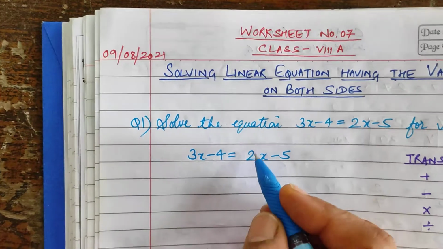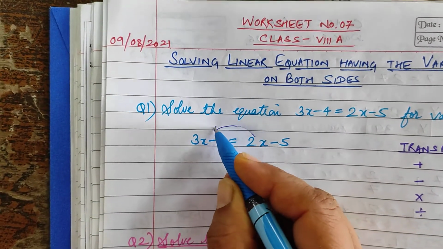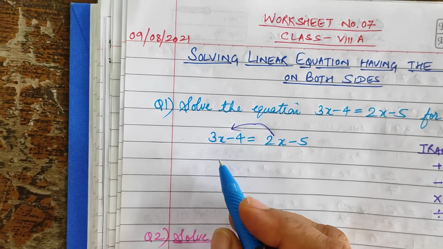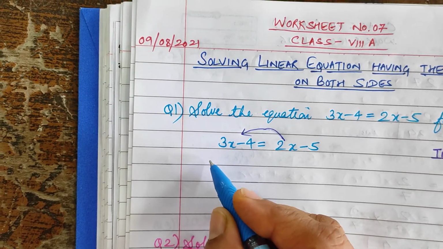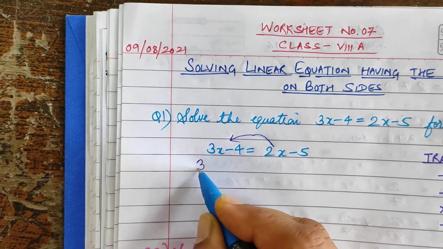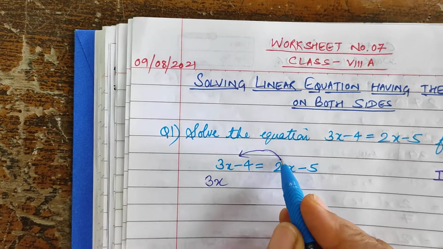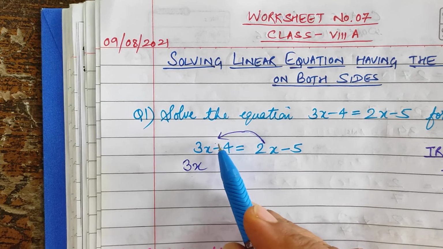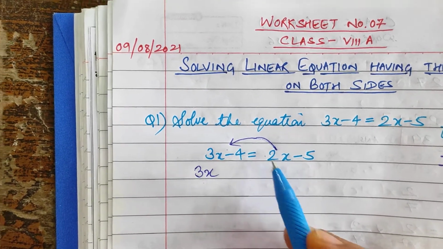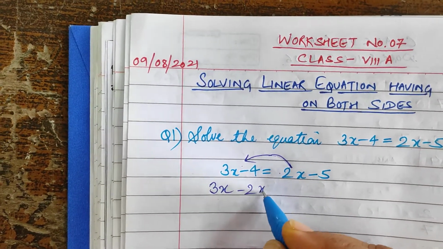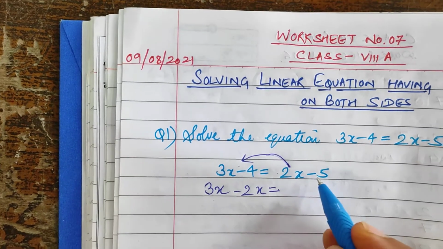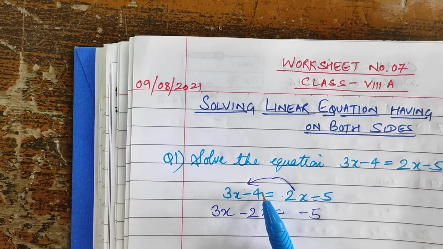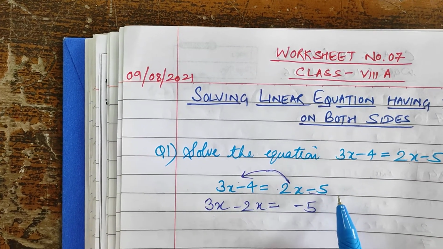So we are transferring this 2x over this side. Whatever was there in its original position, we will be writing it first. So 3x is here only and we are bringing 2x over this side. So 2x will become minus 2x because here it is plus. So minus 2x equals to. Now what is left over here? Minus 5. So minus 5, and we will be bringing minus 4 over this side.